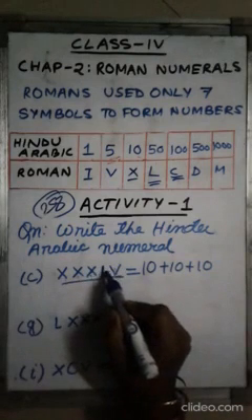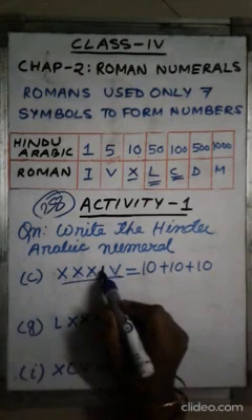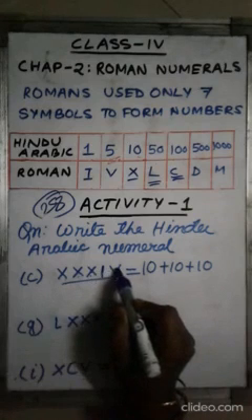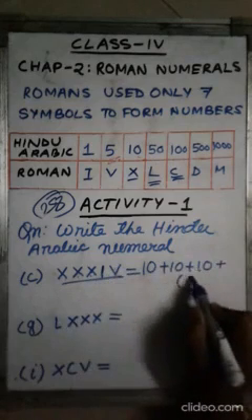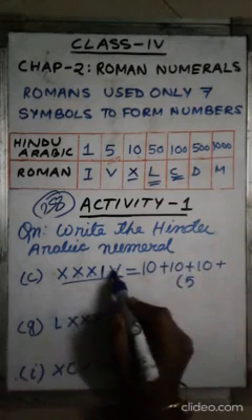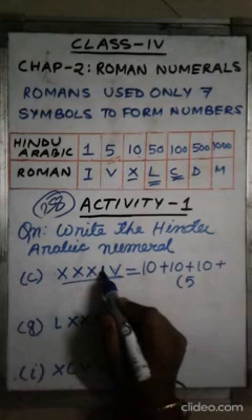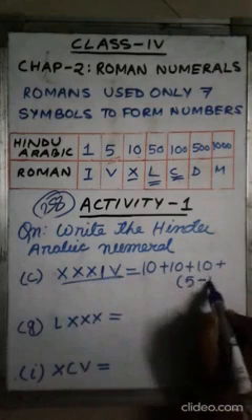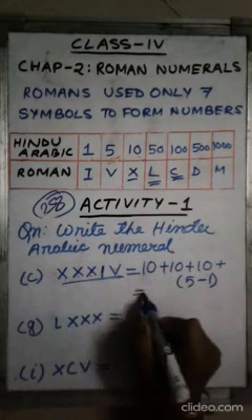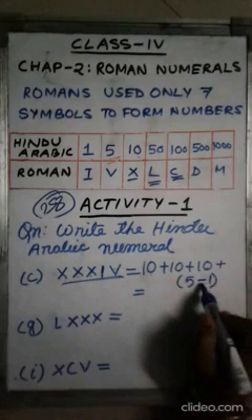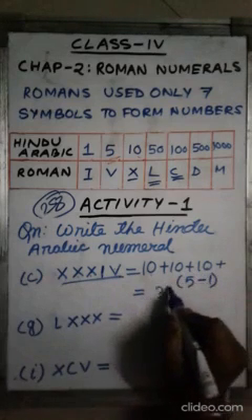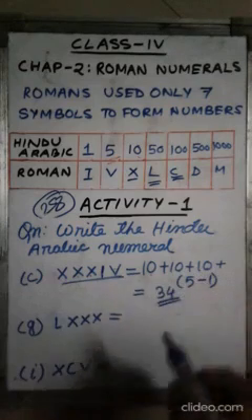So what will happen? This value of the symbol will be subtracted from this value of the symbol. That means this has value 5. As it is written on the left side, it will be subtracted. So it is 10 plus 10 plus 10 plus 4, so it is 34.